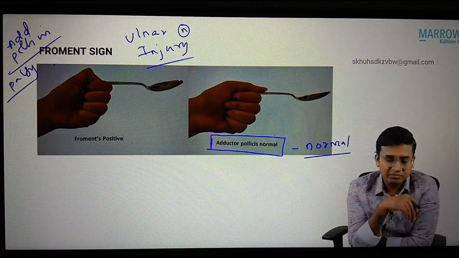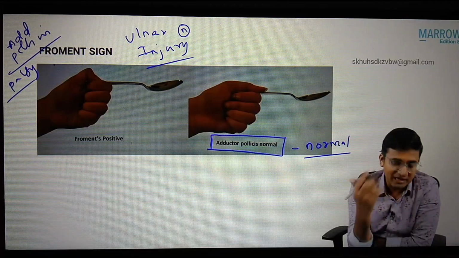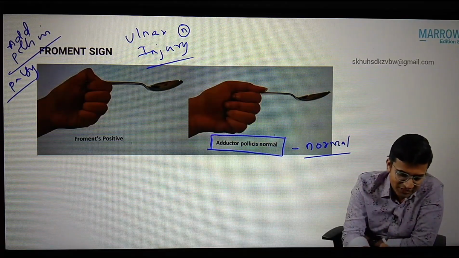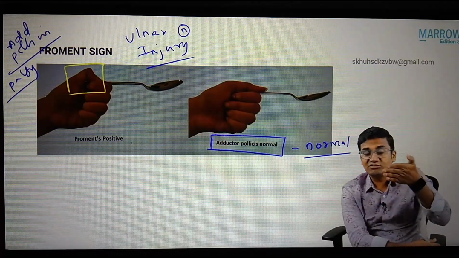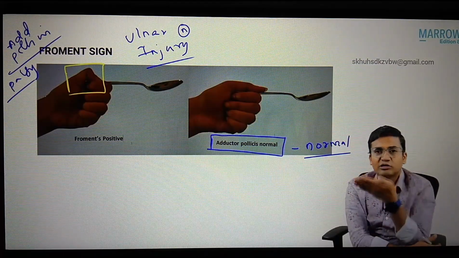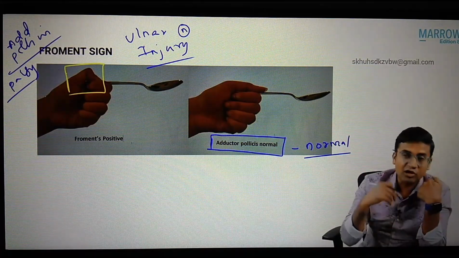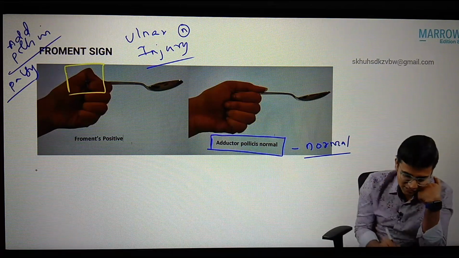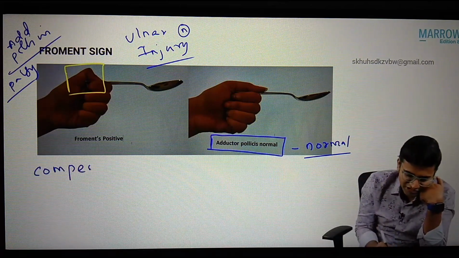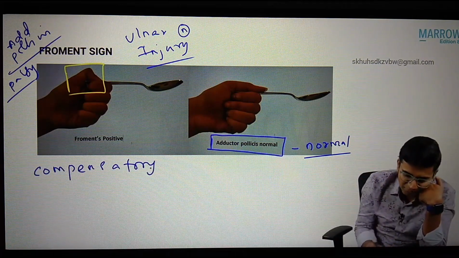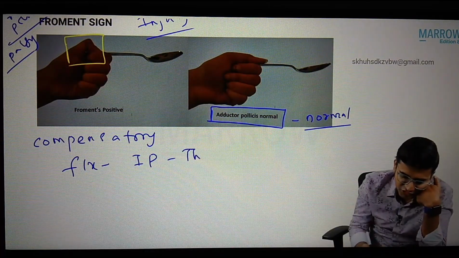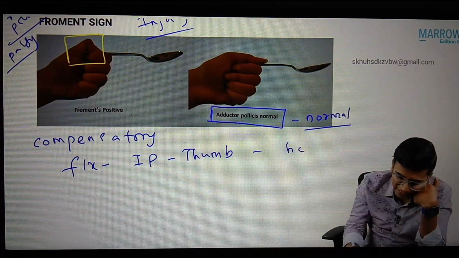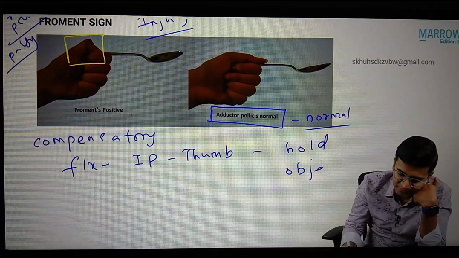So, initially the patient has some difficulty, but later, see the diagram. Which muscle is the patient now using? The patient is flexing the thumb and then holding the object. So, it is compensatory flexion at the interphalangeal joint of the thumb, and then the patient holds the object.